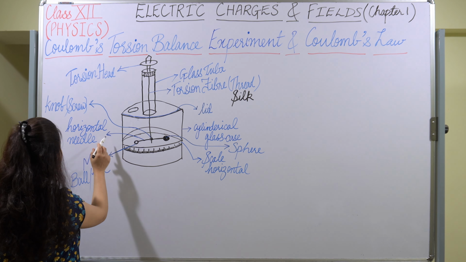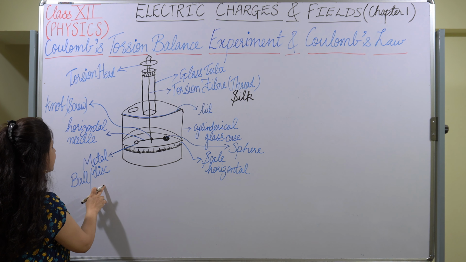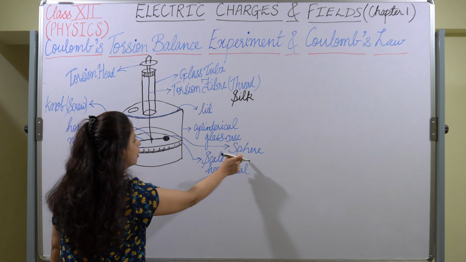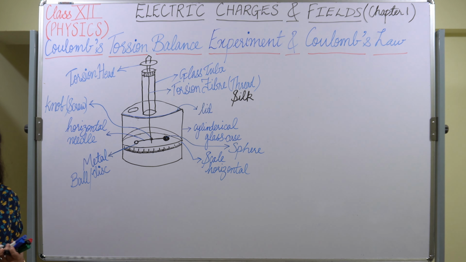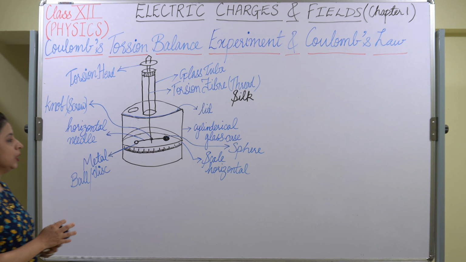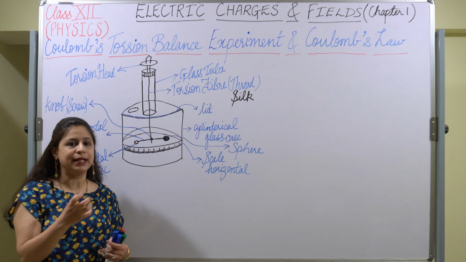The horizontal needle had a metal ball disc at one end and a sphere at the other end. This sphere is just for balancing.